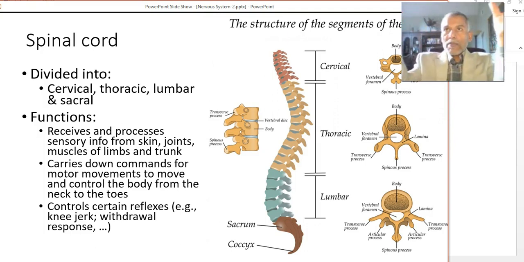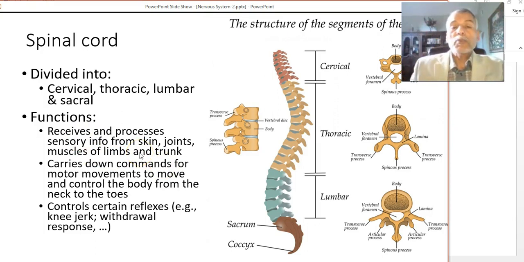You just bundle everything and bring it down and then run it through the body, through the trunk. And out of it, you get branches to send to different parts of the body. So you can move, you can get sensation and so on. So the functions of the spinal cord: number one, it receives and processes sensory information.